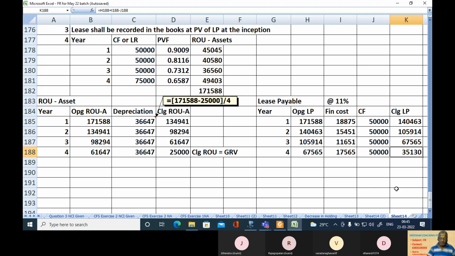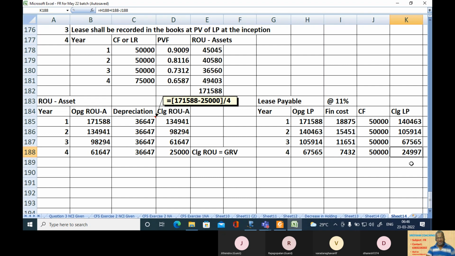One moment. See here, there is a small difference you have. It should be 25,000.